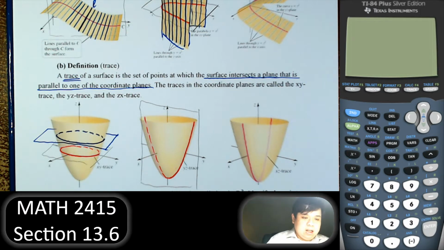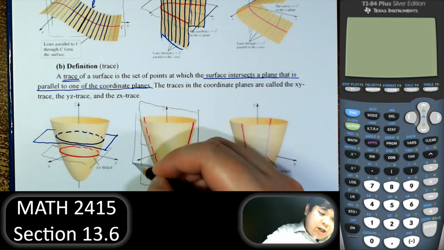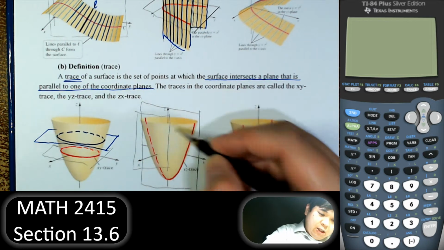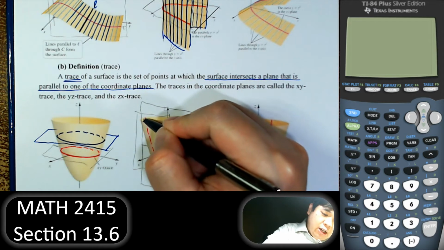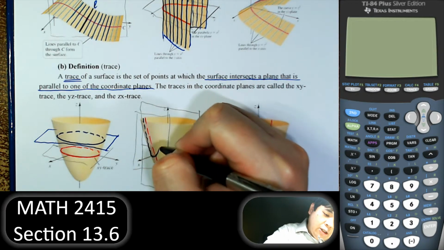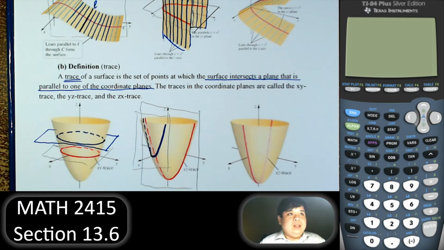Of course, we can draw any plane that is parallel to the YZ plane here, and in that case we might have something like that too. Then the same thing goes for the XZ trace. But usually we just talk about the coordinate planes, meaning XY, YZ, and ZX, and from that we can get an idea of what the graph will look like.